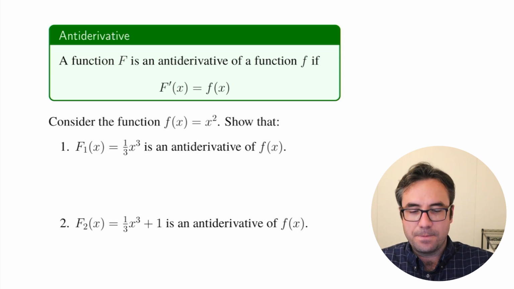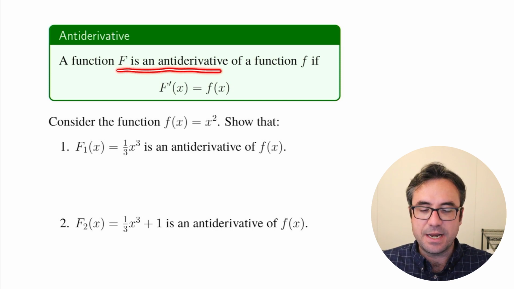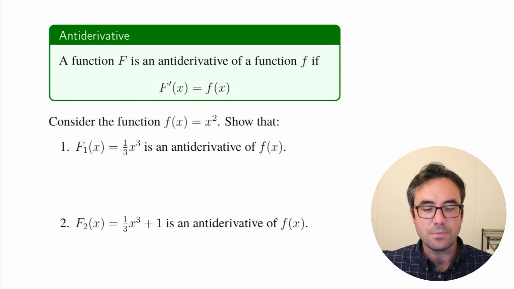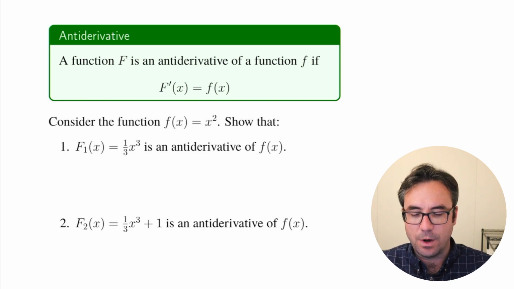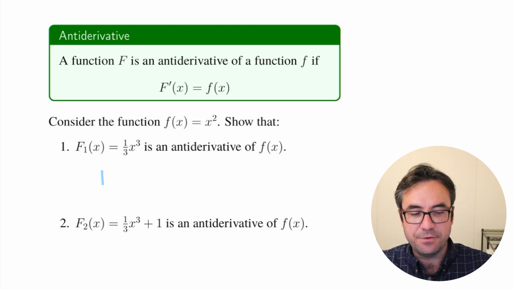All right, so the way something is an antiderivative is we differentiate it, and we should get out our function. So let's check this. We're going to check capital F1. That means we want to calculate the derivative, capital F1 prime.